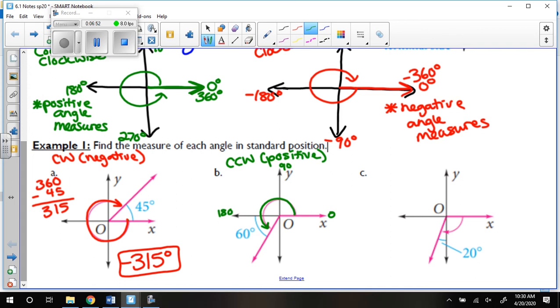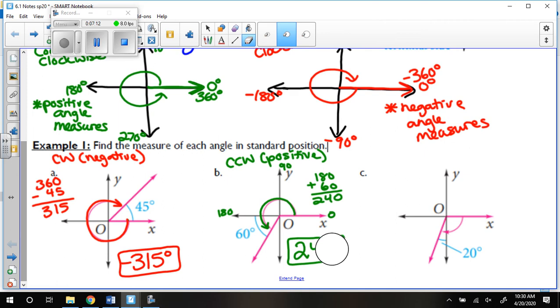And this angle is saying we have gone 60 degrees more than 180. So if I do 180 plus 60, we get 240. So this angle is 240 degrees. Rewrite my 0 there, it looks a little funny.